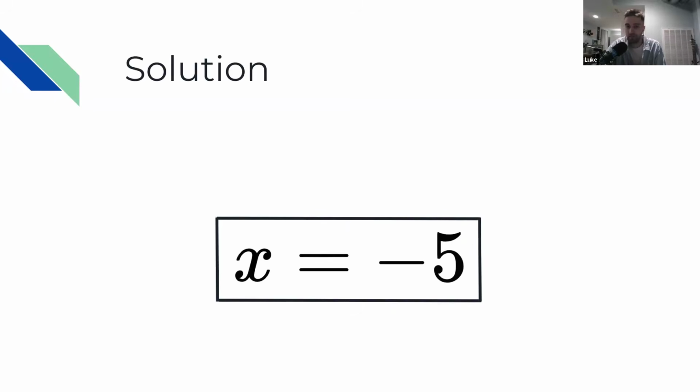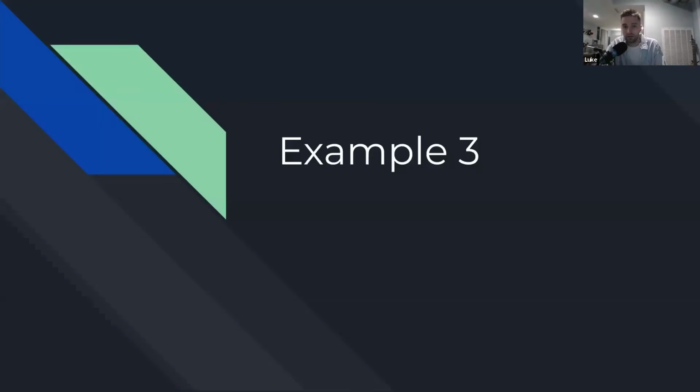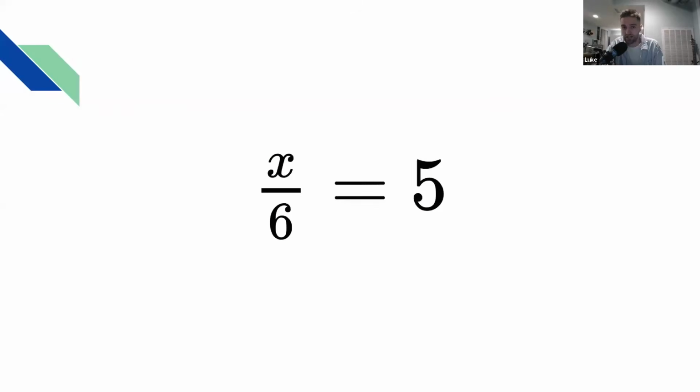Here I have the equation x over 6 equals 5. To isolate x here, once again, I want you to stop for a moment and ask yourself, what should I do to isolate x on the left-hand side of the equation?